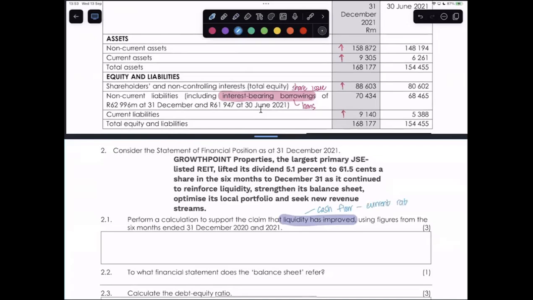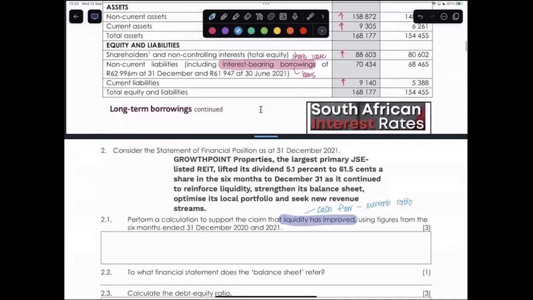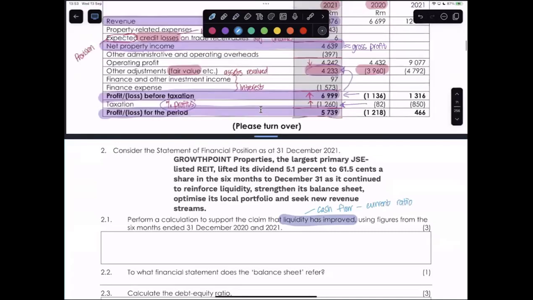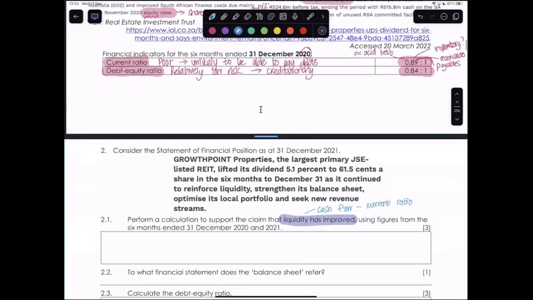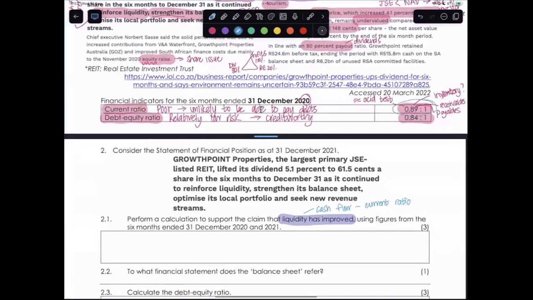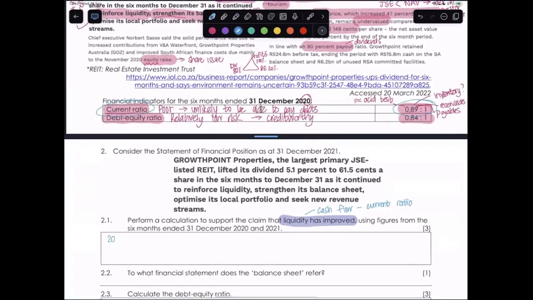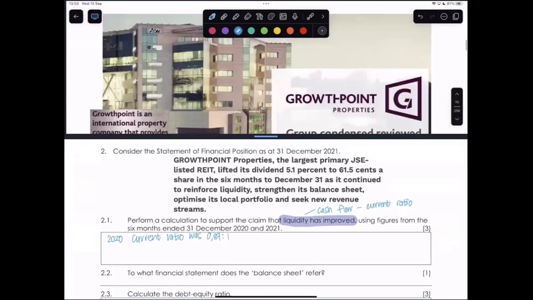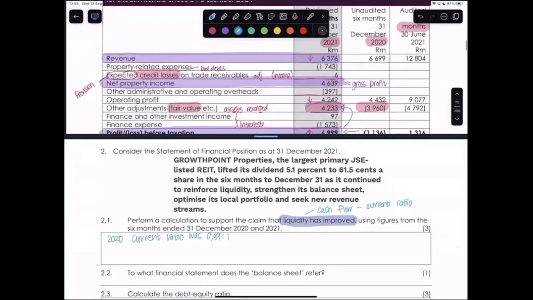Do you remember that the current ratio was actually given to us right at the beginning over here? So we can use that current ratio and point out that in 2020, the current ratio was 0.89 to 1. And now we would need to calculate for 2021.